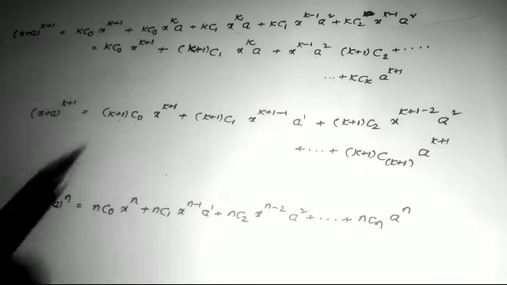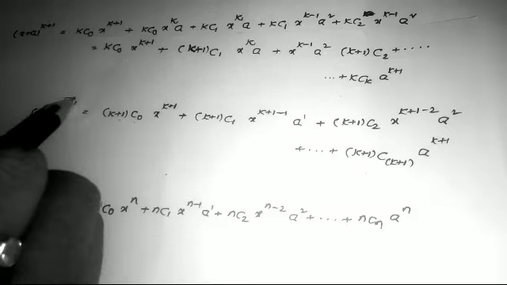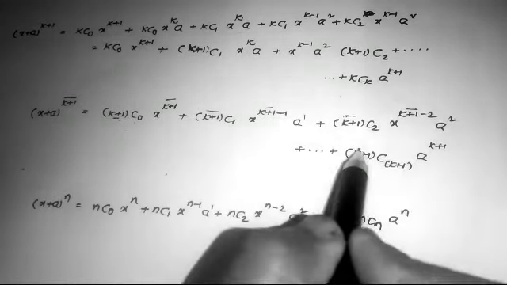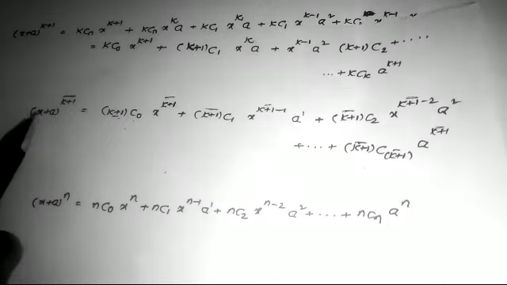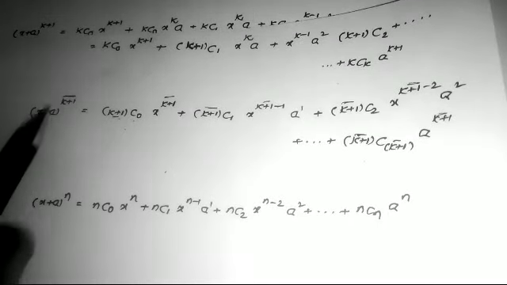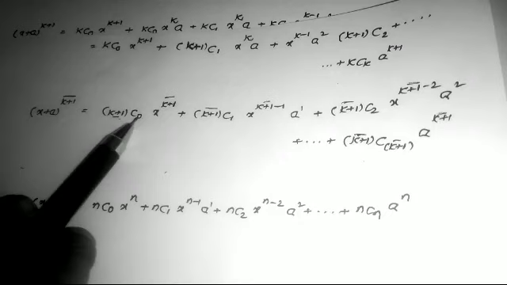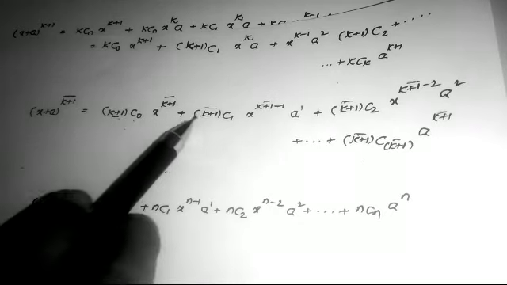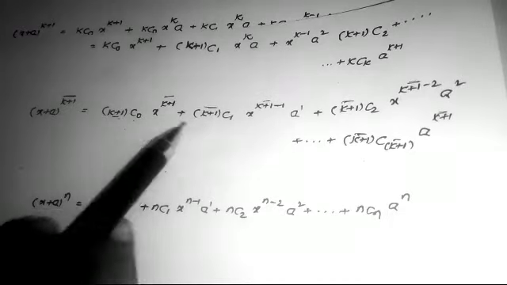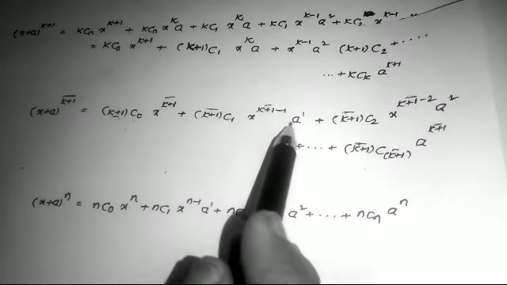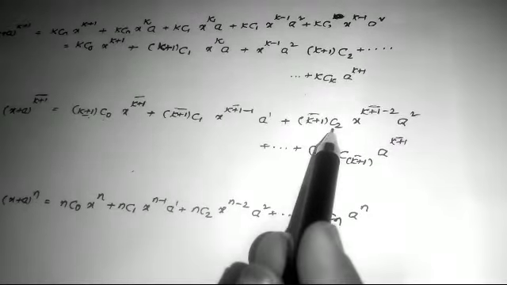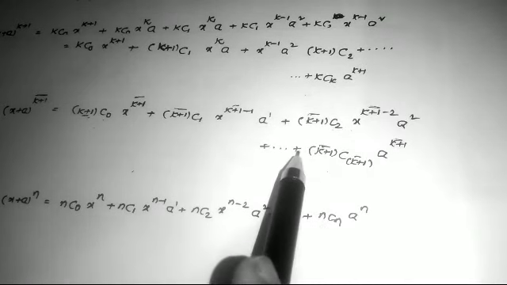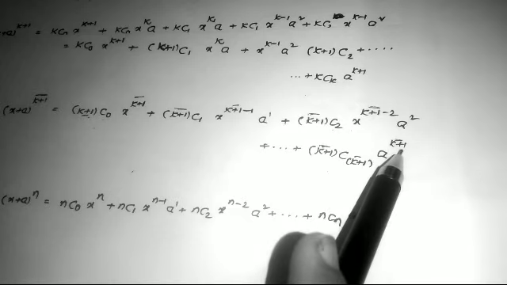Okay, now check these two results. Now simply take that k+1 as n here. So (x + a)^n, where n is equal to k+1, and nC0 is (k+1)C0, x^n equals x^(k+1), and nC1 is (k+1)C1, x^(n-1) a^1, plus nC2 x^(n-2) a square, and so on, so nCn a^n.